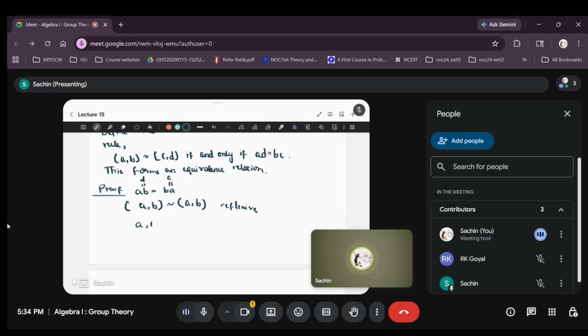If you have AB is related to C comma 0 for some element, that is actually, I am writing in ordered pair form, but you could write it like this. Then that would mean that A into 0 is equal to B into C, or BC is equal to 0.